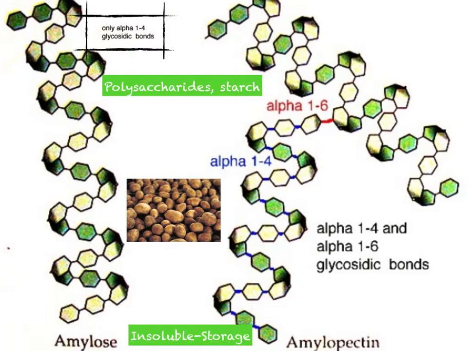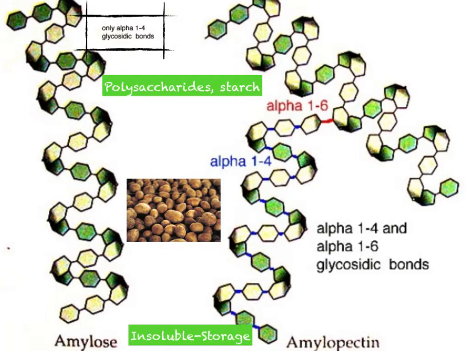Starch is a polysaccharide of glucose. In plants, glucose is attached to another glucose at alpha 1-4, which leads to non-branching amylose.